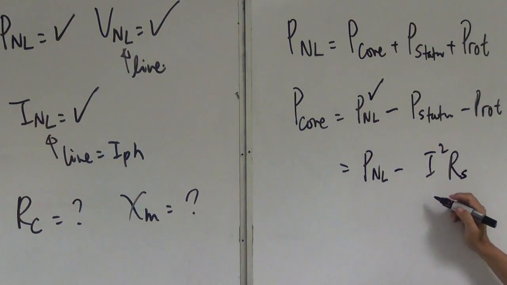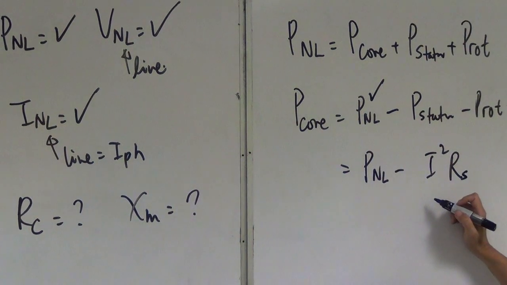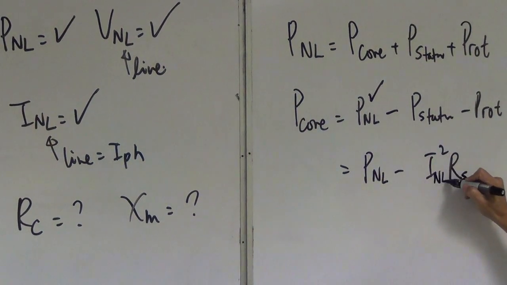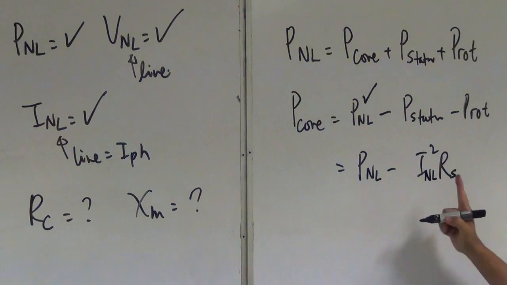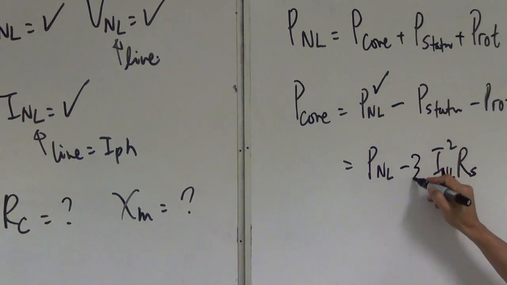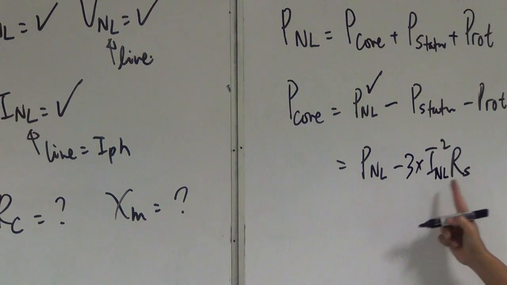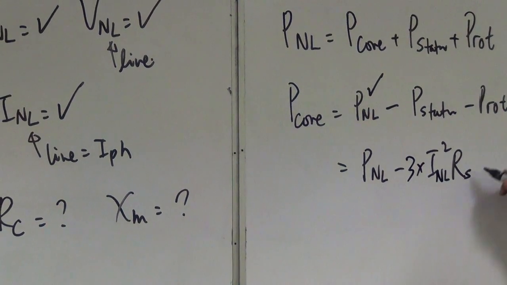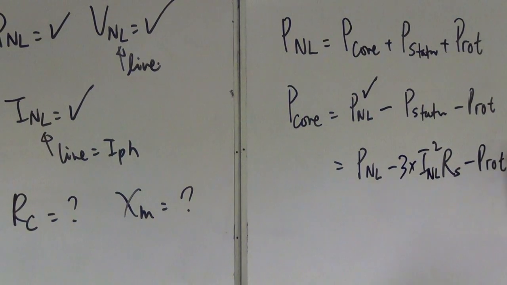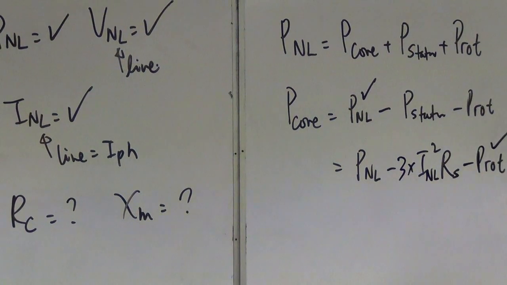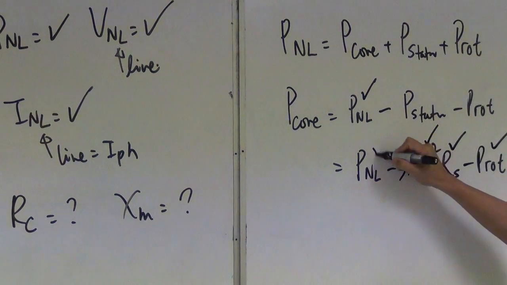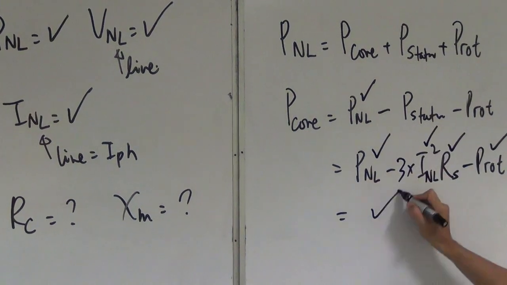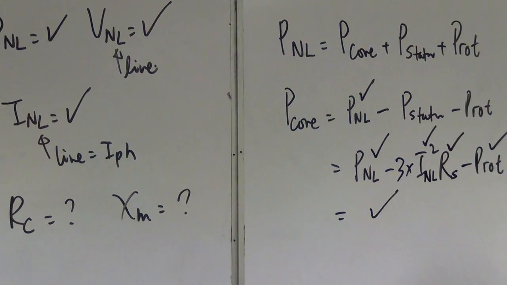Which current? Of course, you can say line current or phase current, they are the same. The current that I mentioned is actually a line current, which is also the phase current because it's star connected. And I have to multiply by 3. Why? 3 phase, right? And then minus the rotational loss. So if you are given the rotational loss value, you know the RS value, you know the ammeter's reading, you know the power meter's reading, the core loss power can be computed.